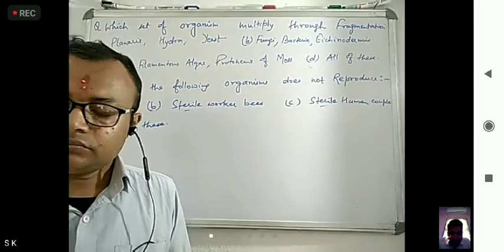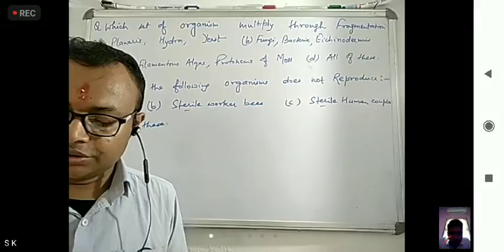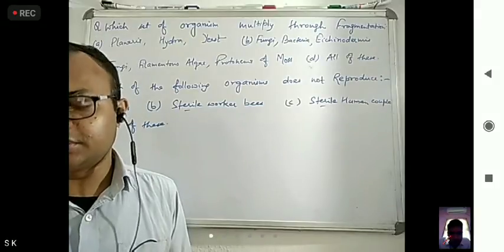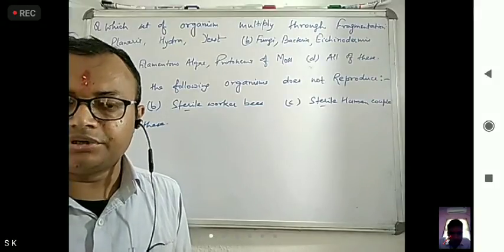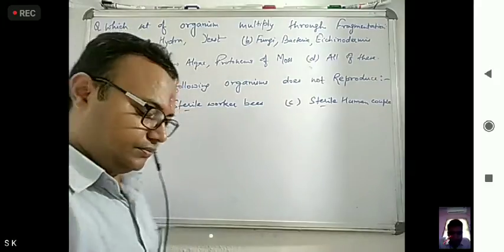Now next question is, the number of species that are known and described in the range between.